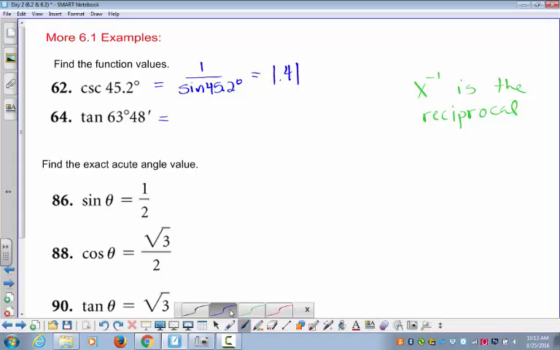Whatever it happens to be on your calculator. So I'm typing in tangent 63. I'm going to the degree, minute, second button and choosing degree. And then I'm typing in 48, going to the degree, minute, second menu and grabbing minutes. And we should get to the nearest hundredth. We will get 2.03. So just make sure that you're functional with your calculator and you can evaluate some basic trig functions.